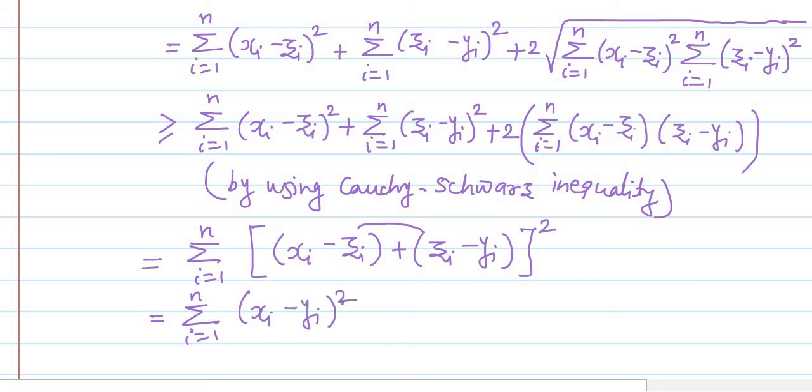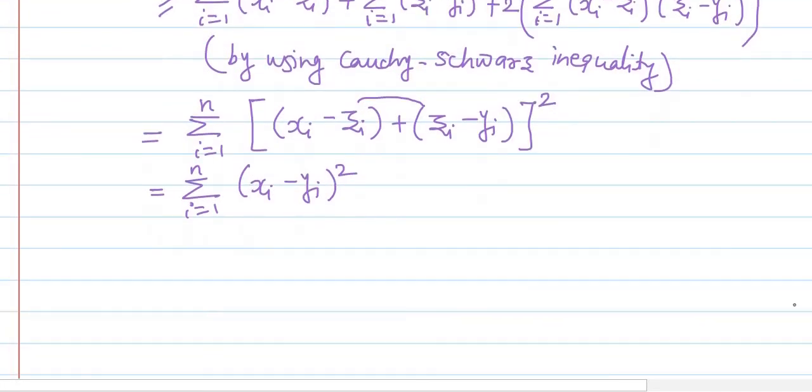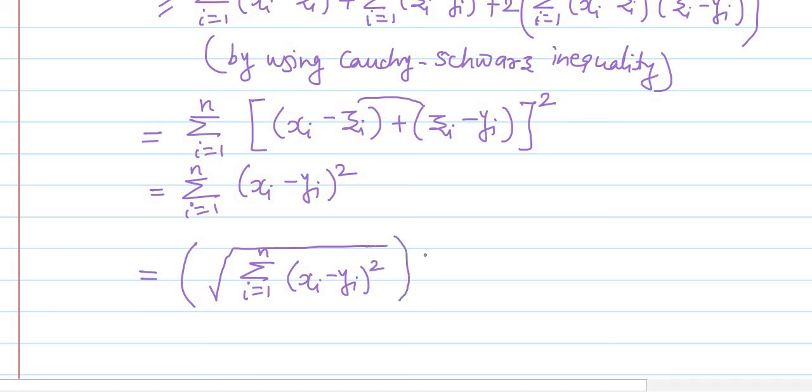Okay, and this term which we obtained here can be further written in our regular form as the under root of the summation over i equal to 1 to n of (xi minus yi) square, and this under root raised to 2 means it's a square.